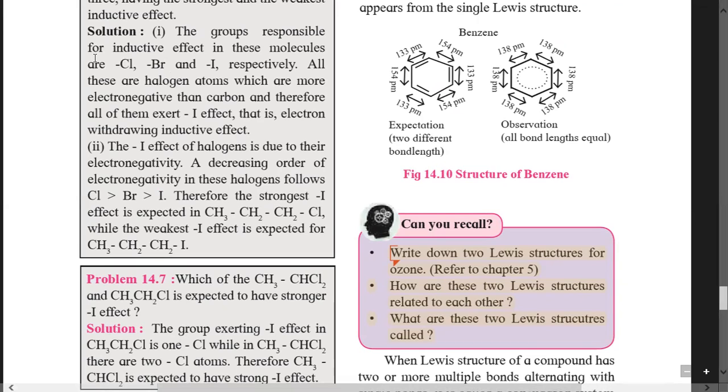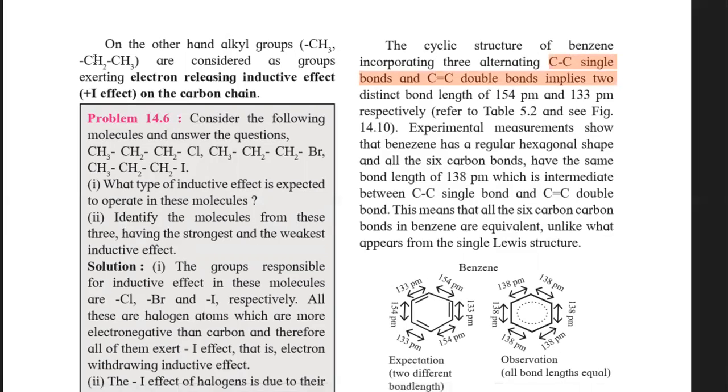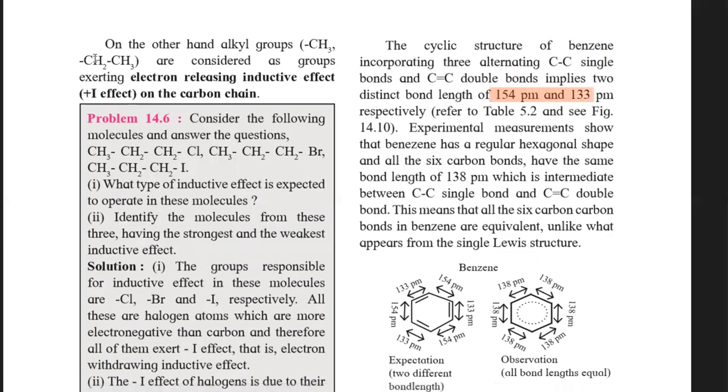This indicates that all bonds present in the benzene ring are equivalent, having bond length 138 picometer. So the cyclic structure of benzene consists of carbon-carbon single bonds and carbon-carbon double bonds with bond lengths: for the single bond 154 picometer, and for the double bond 133 picometer.